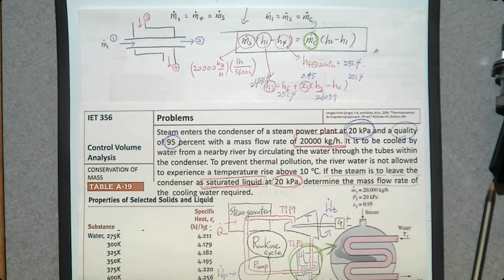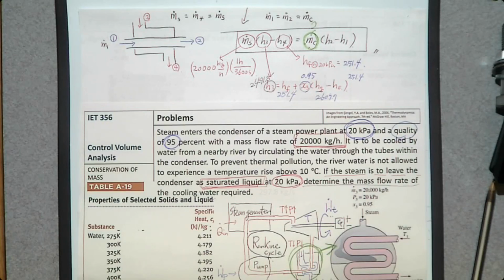So what is our system? It is the cooling water from the nearby river. So what is the phase change process of this cooling water? In other words, the question should be, is there any phase change of this river water?